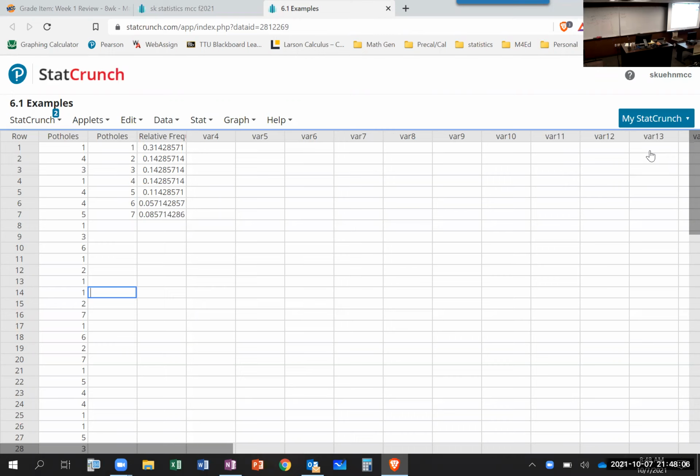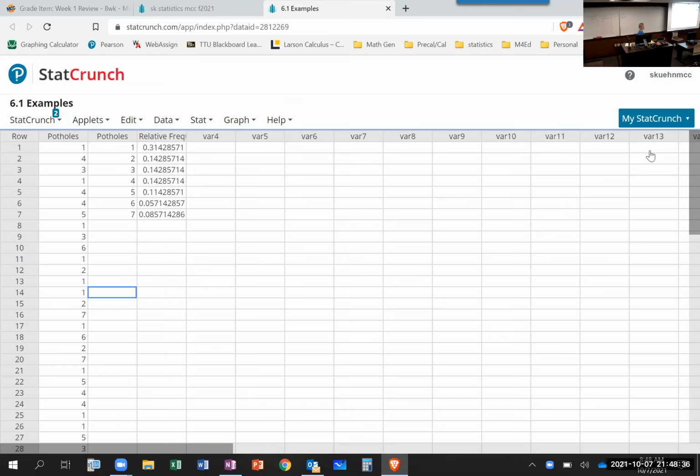Do we see that? That's up at the top, right? So the probability of 1 pothole is 0.314. The probability of 2 potholes would be 0.1423, right? All right, so relative frequency is the probability of the variable happening. The relative frequency is the table that we want to create.